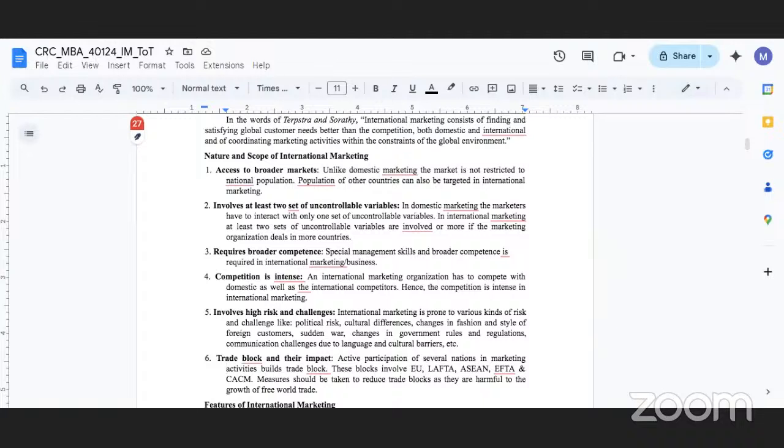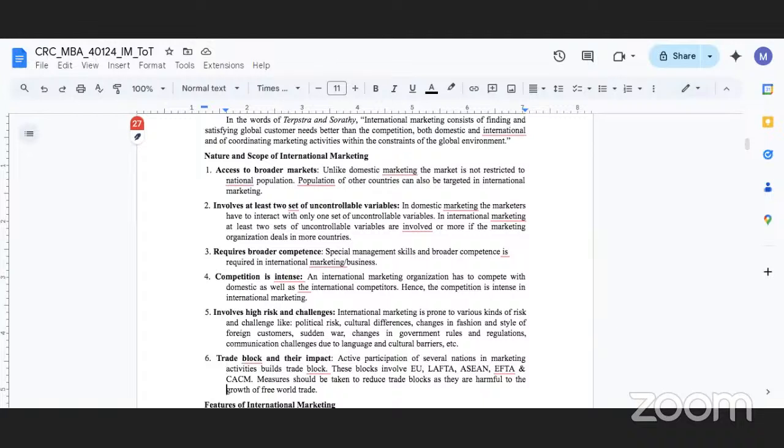The second one is it involves at least two sets of uncontrollable variables. What are these uncontrollable variables? In international marketing, we will talk of these uncontrollable variables in more detail over a period of time.